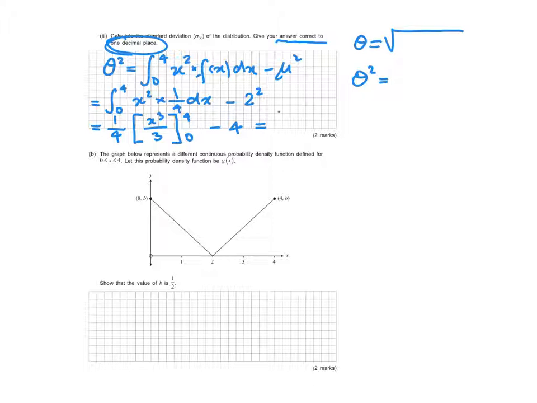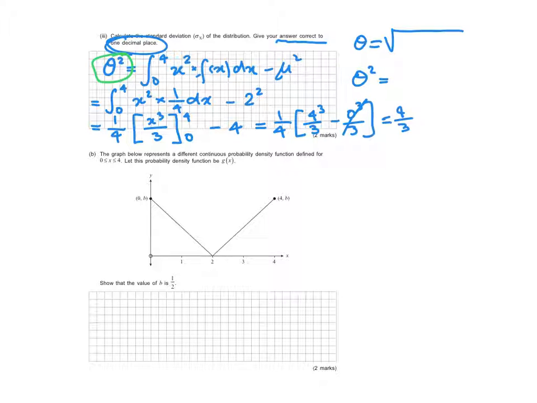As before, replace the values of x by 4 and 0: 4 to the power of 3 over 3, take away 0 to the power of 3 over 3. If you work this out, it is equal to 4 over 3.